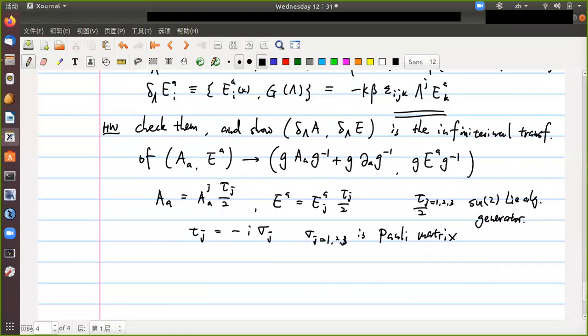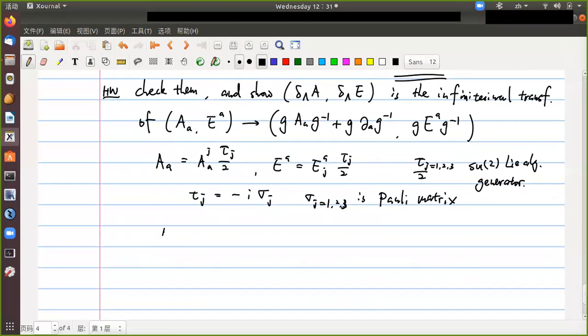Here A is a field, and G is also a field. It is an SU(2) group valued function. All the gauge transformations are functions.